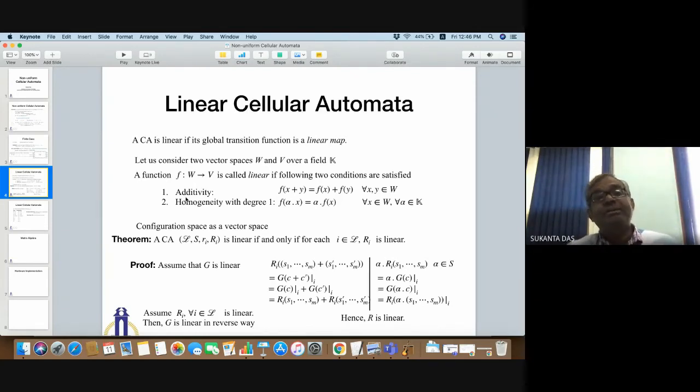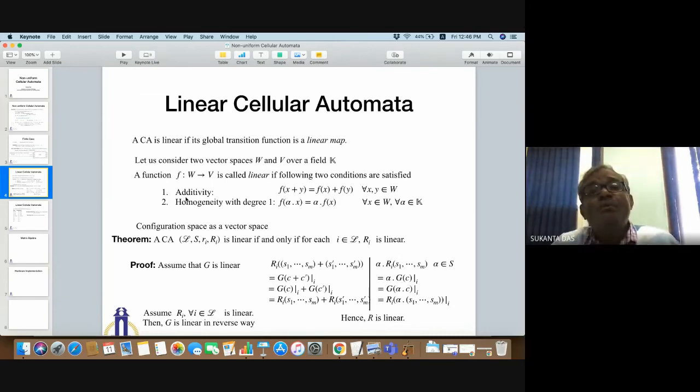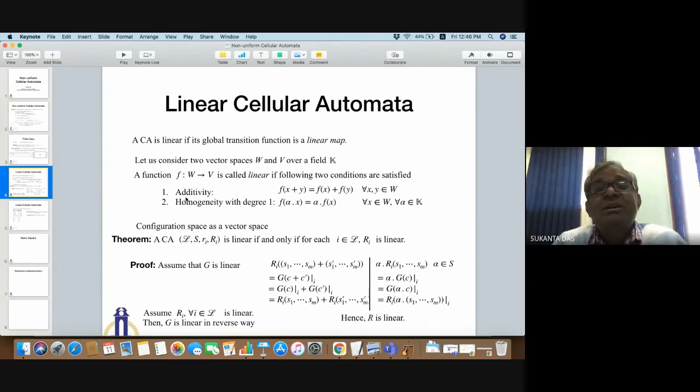Now in our case, for linear CA, we consider the configuration space as a vector space and the configurations as the vectors. For example, if you consider binary CA, then we can consider the configurations as vectors over GF2, so the field is GF2, Galois field 2.